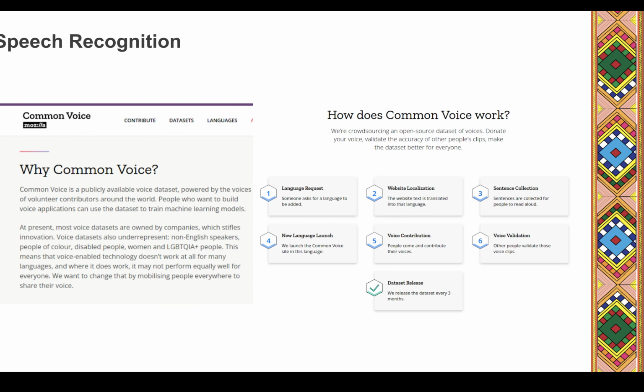Not everything is dark. There are also efforts to improve these systems. For example, in speech recognition, there's a project by Mozilla called Common Voice where people can contribute voice to crowdsource speech data sets to train models for example, speech recognition or text-to-speech, etc.